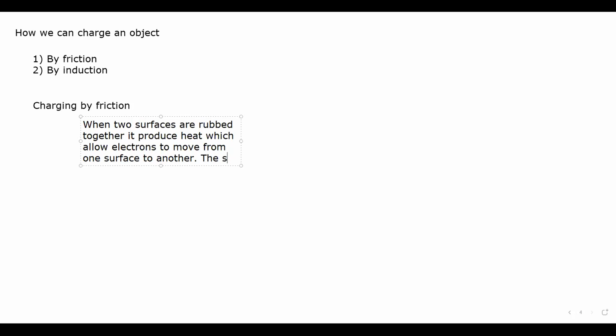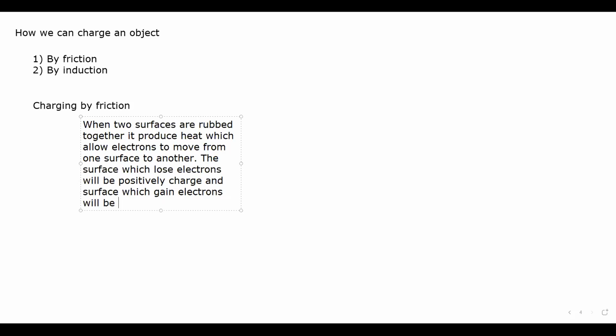The surface which loses electrons is positively charged, and the surface which gains electrons will be negatively charged.